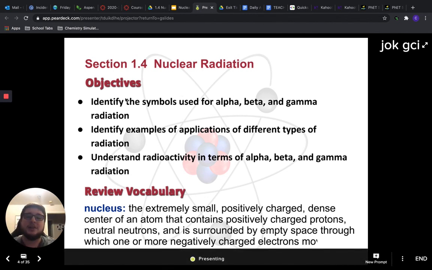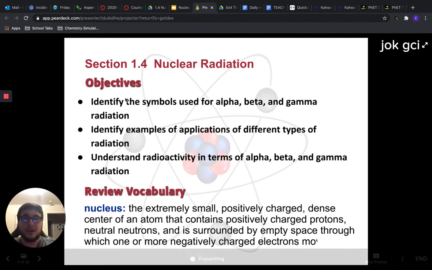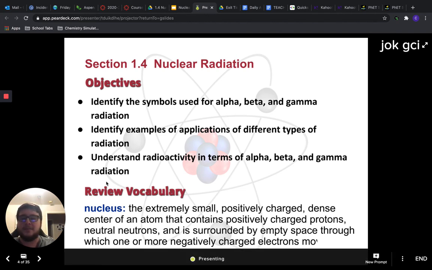The second objective is to identify examples of applications of different types of radiation. And finally, we want to understand radioactivity in terms of alpha, beta, and gamma radiation. So just learning what each of these types of radiation means, what they're made up of, and what they can be used for.